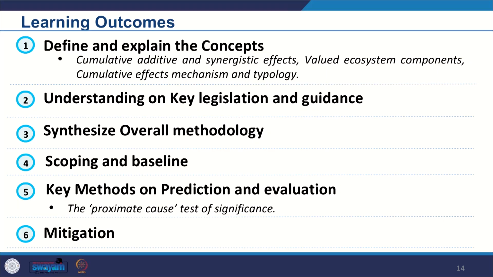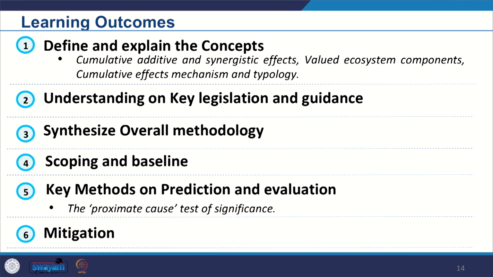So accordingly, the expected learning outcome would be that you should be able to define and explain certain concepts related with cumulative impact assessment, and what additive or synergetic effects are, and so on. Further, you should be able to give an understanding of key legislation and guidance and what the context is at this moment.